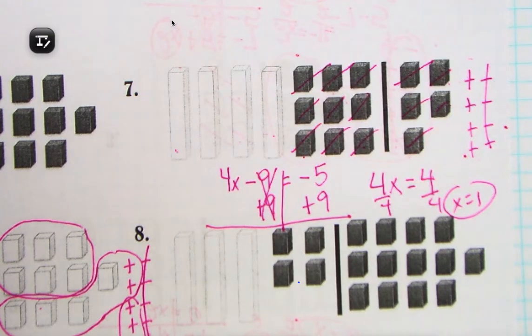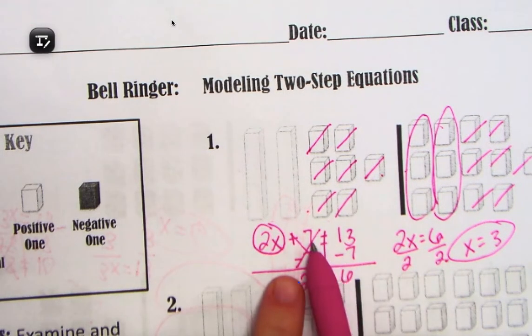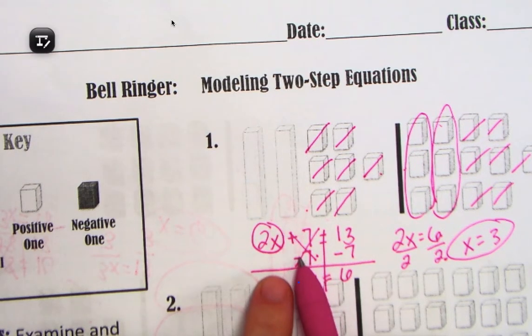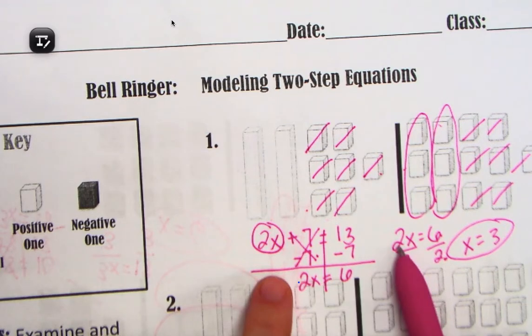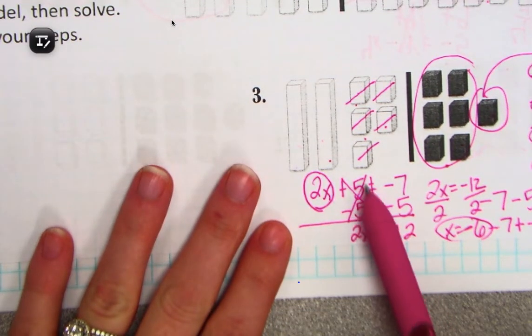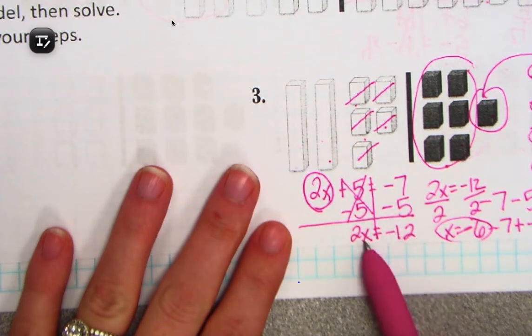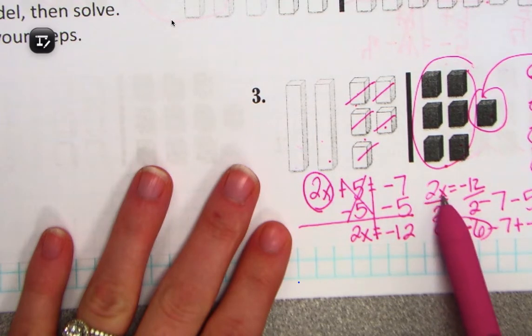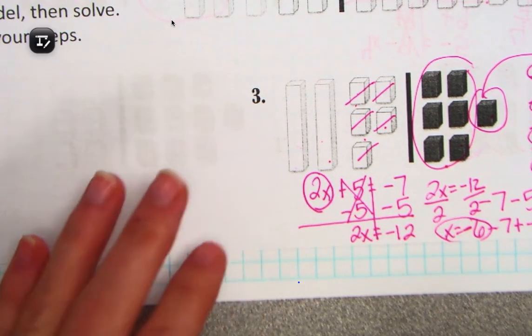So we need to be sure that we understand what's happening here. So let's just look back at what we did. We had to do the inverse or the opposite operation by taking away the extra stuff. Then I was multiplying here, so now I'm dividing. Same thing with number 3. We did the inverse operation, and then we had to do the inverse of multiplying, which is dividing.